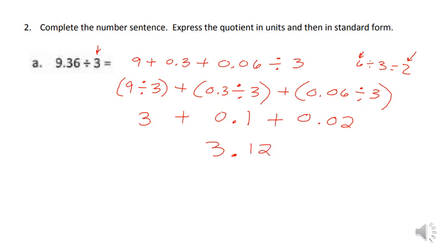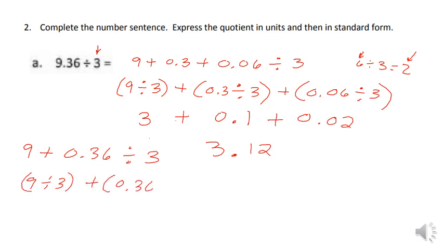Now, this also has kind of a unique property. Let's say that I didn't break it down as far. I went 9 plus 36 hundredths. Now, this is possible because 36 hundredths is a multiple of 3. So when I divide this by 3, 9 divided by 3 plus 36 hundredths divided by 3.